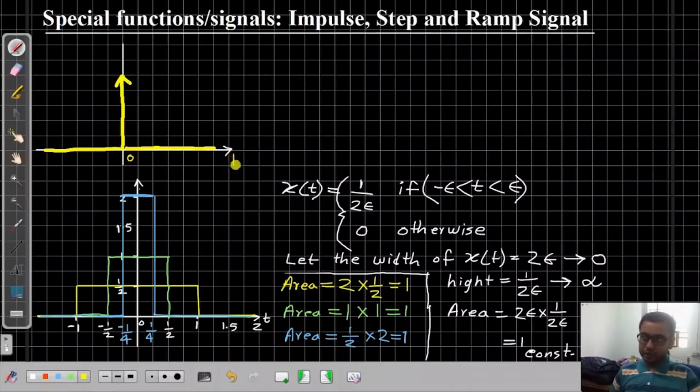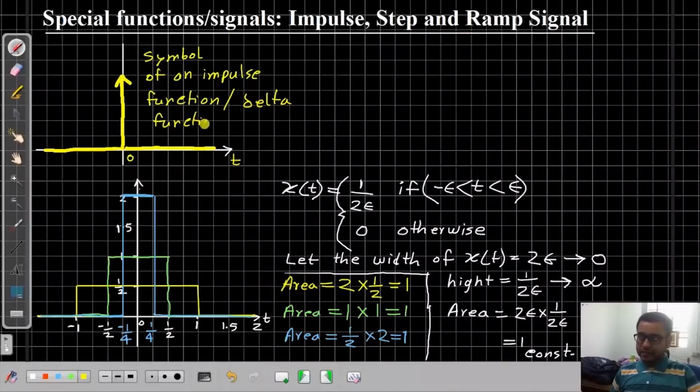This is time equal to 0. So this is the symbol of an impulse function, which is also called a delta function or delta signal, and is normally denoted with the Greek letter delta of time t. Mathematically, we shall define this function in this way.